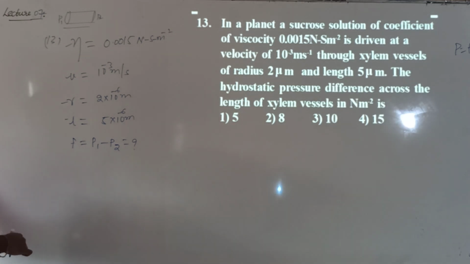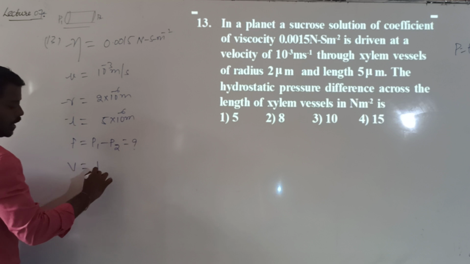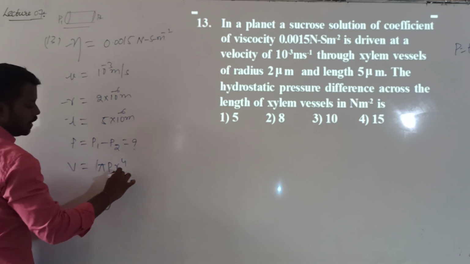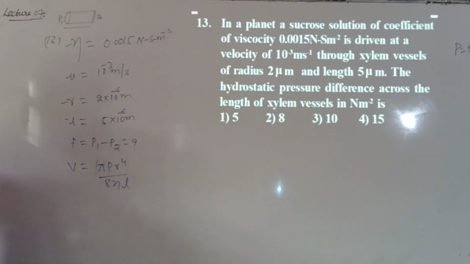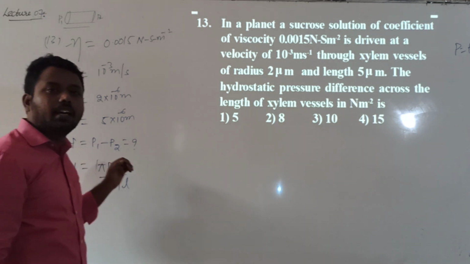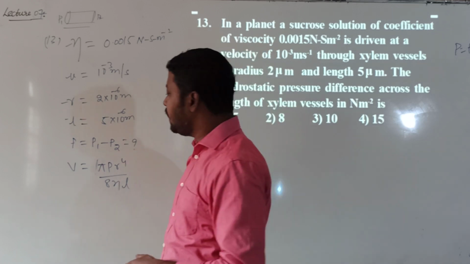To calculate the pressure difference, can I apply the Poiseuille formula? V is equal to pi P R power 4 divided by 8 into eta into L. What is V? The rate of fluid flow, the volume of the fluid flowing per second.